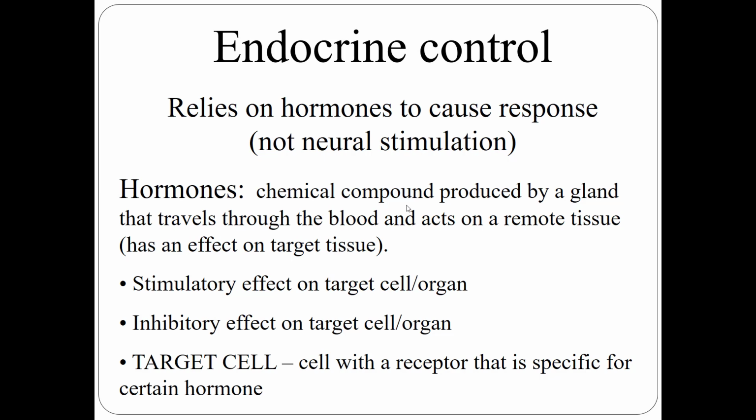Hormones can also have an inhibitory effect on a cell or an organ where something is turned off or at least slowed down. And these target cells are going to be the cells that have a receptor for a specific hormone on it. So a target cell is going to have a receptor that is going to bind to a hormone that is in circulation.